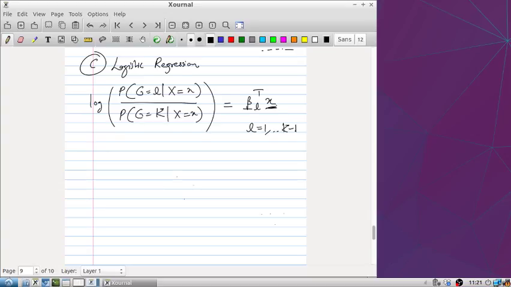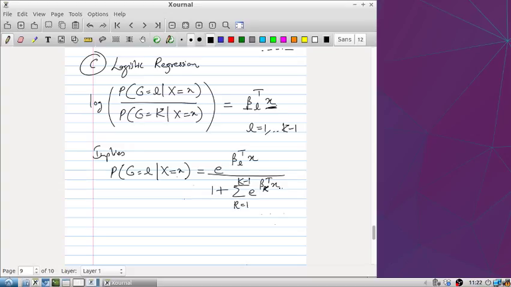Okay. If I do that, this assumption also implies the following: the probability of G equal to L given X equal to x is equal to e to the power beta_L transpose x divided by 1 plus the summation over little k equal to 1 to capital K minus 1 of e to the power beta_k transpose x.